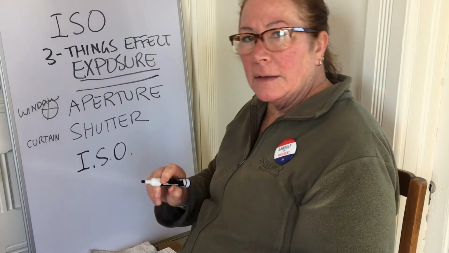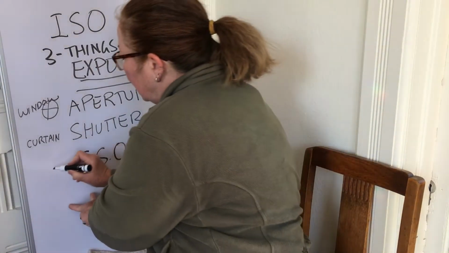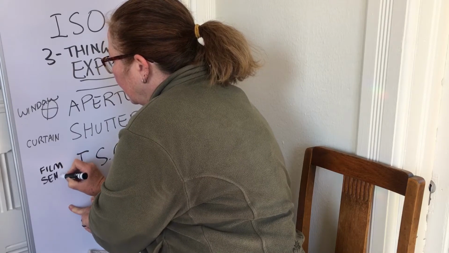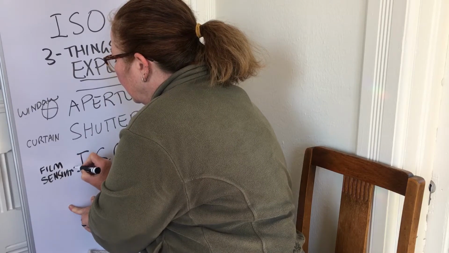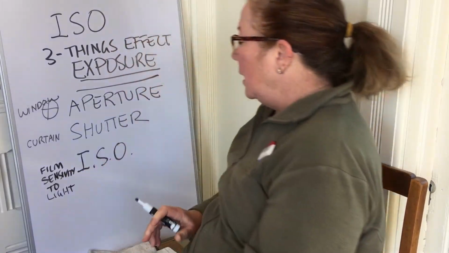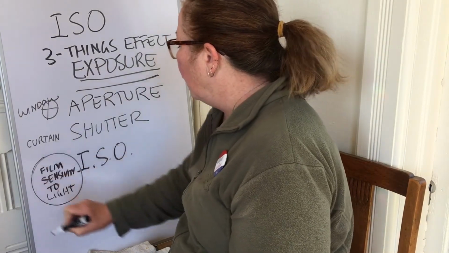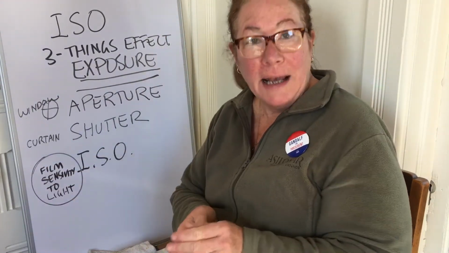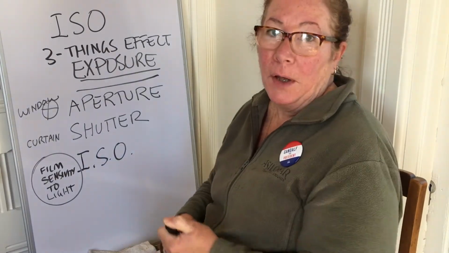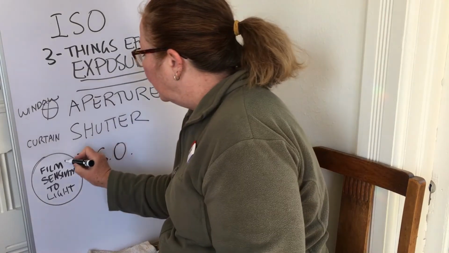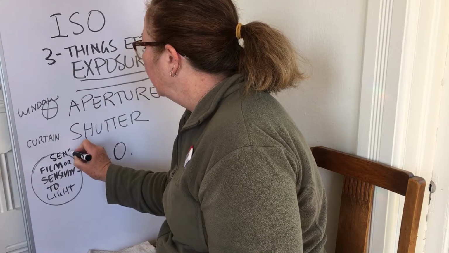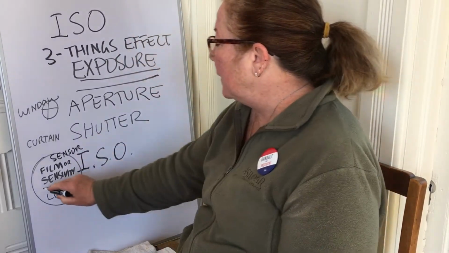The ISO is the film sensitivity to light. That's what this control is. Film or sensor, because if you have a digital camera, you're going to have a sensor, not film. So it's your film or sensor sensitivity to light.